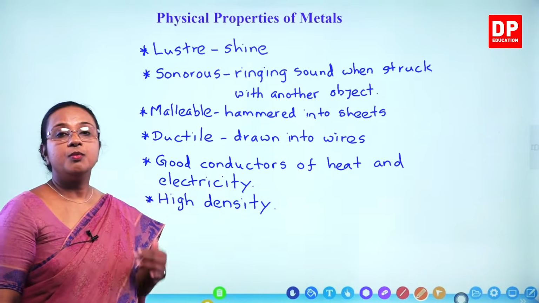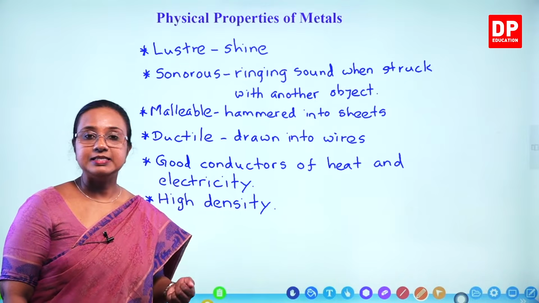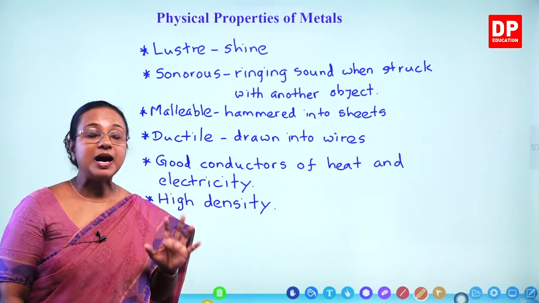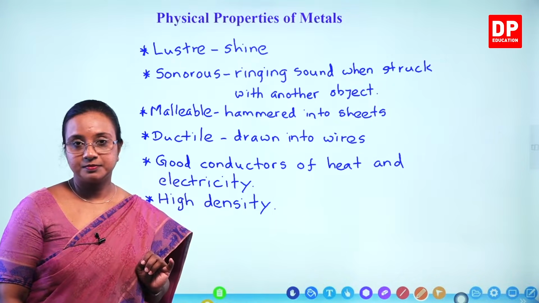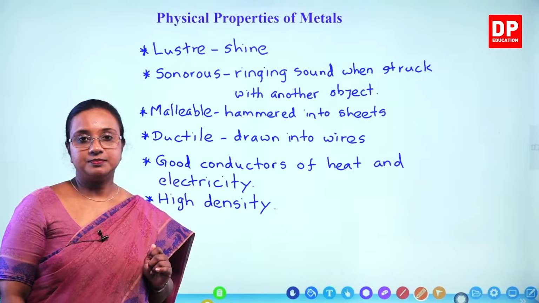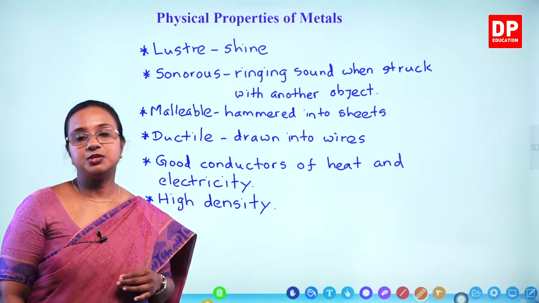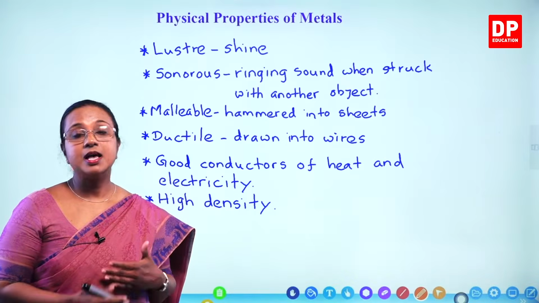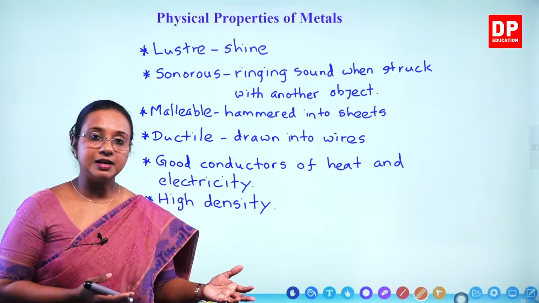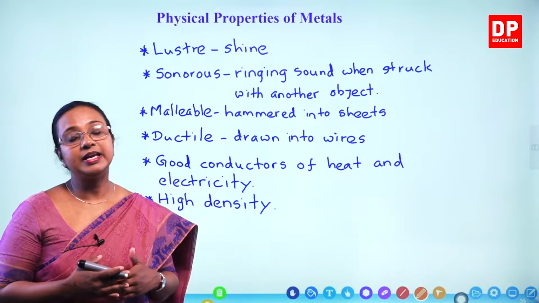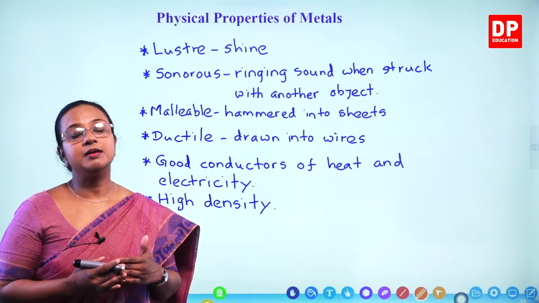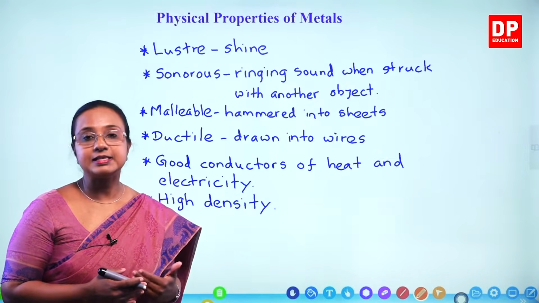And also most of the metals exist as solids at room temperature. But there is an exception. What is there in a thermometer? The normal thermometer that you use at home has mercury in it. Mercury is a metal, but as you know, it is a liquid. So that is a liquid metal. It is an exception.